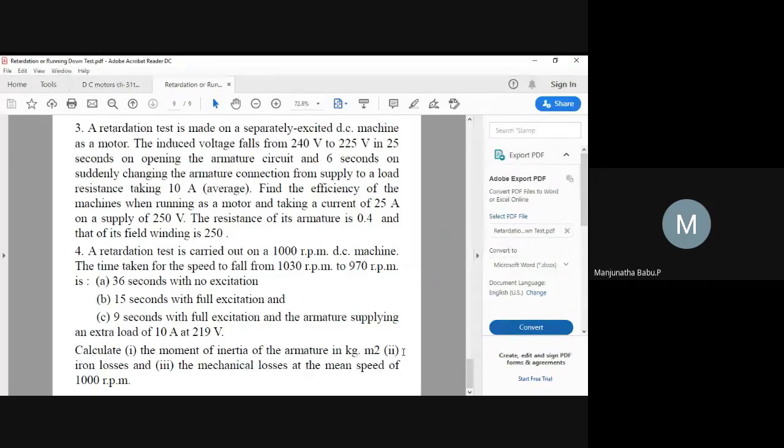Equation 2 is Ws equal to (2 pi by 60) whole square into I into N into dN by dt, where the difference in the speed is 60 and the difference in the time is 15, not 36.